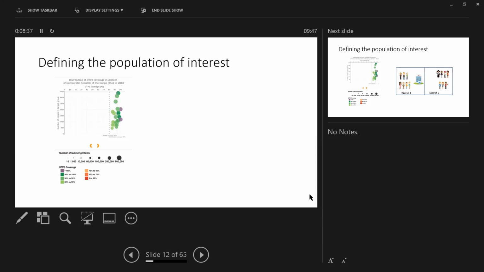Most districts are over 80%, which, if you know anything about the Democratic Republic of the Congo, is highly unlikely. But more interestingly, more than half of the districts have a coverage of more than 100%. Wow. Fantastic, amazing. Clearly, there's something wrong with the data, right?